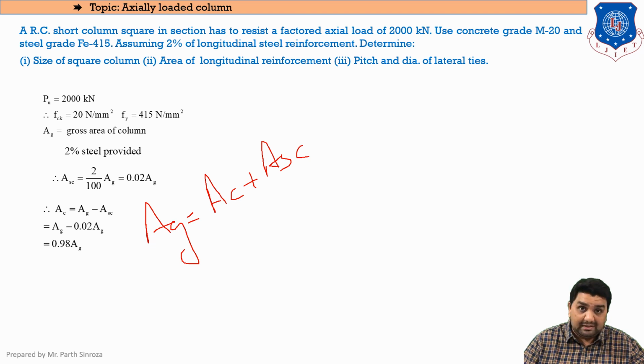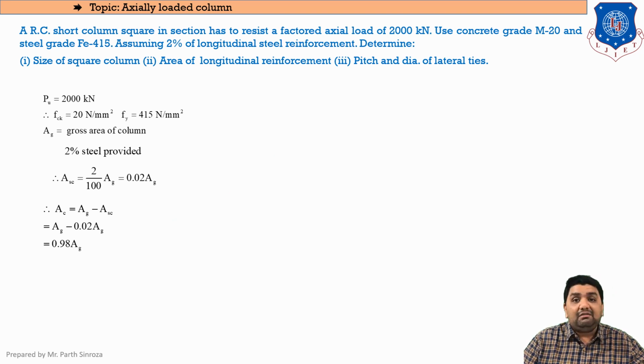If we make AC the subject, the equation comes out to be AG minus ASC, and ASC we have already found in terms of AG. Substituting that value here, AC, that is area of concrete, comes out to be 0.98 AG. Clear? In this step, our ultimate goal is to find AG, that is the gross section area, and from that we will identify our first case, that is the size of the square column.